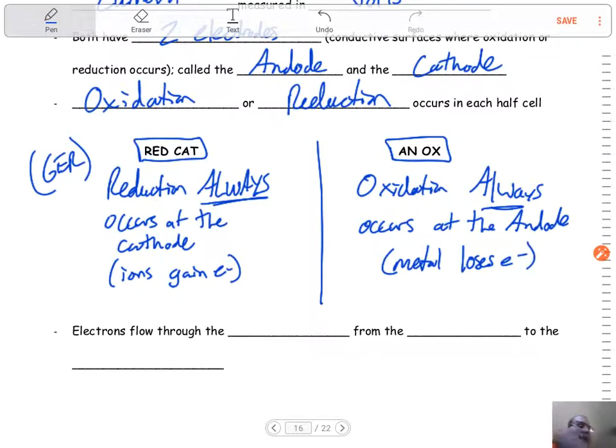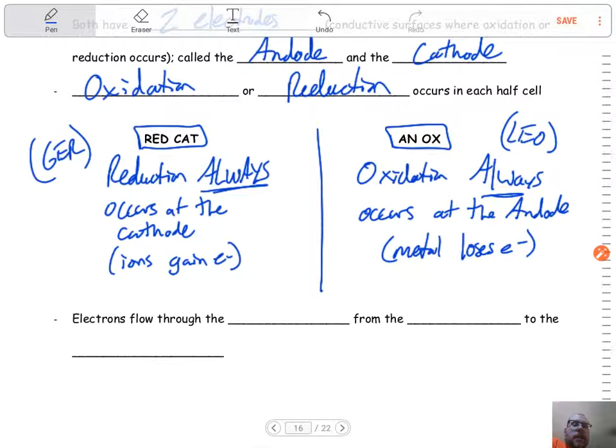Again, we'll talk about what ions and metal mean when we get into the cells in the next couple of videos, but this is just the precursor. Make sure you know Red Cat and An Ox. Over here at the anode, Leo, oxidation is occurring. Remember these two sayings, because they'll come in handy when we have to start labeling and figuring out all the different pieces of each cell.